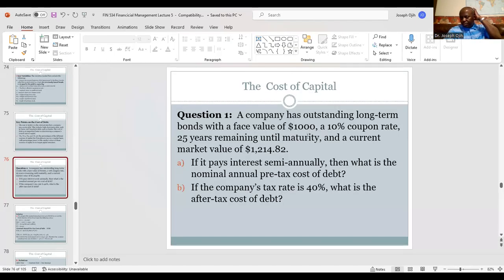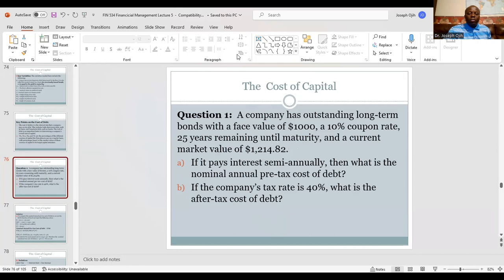The current market value of the bond is $1,214.82, which will represent money leaving the company's pocket, so we're going to use a negative for that in Excel, but this one will stay the same.